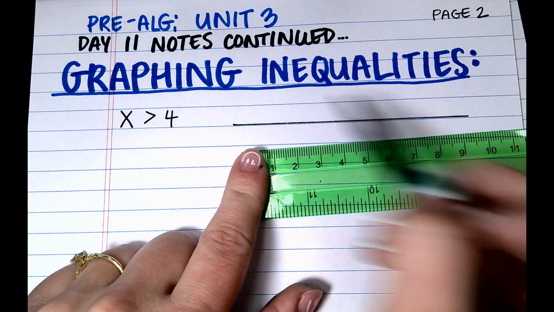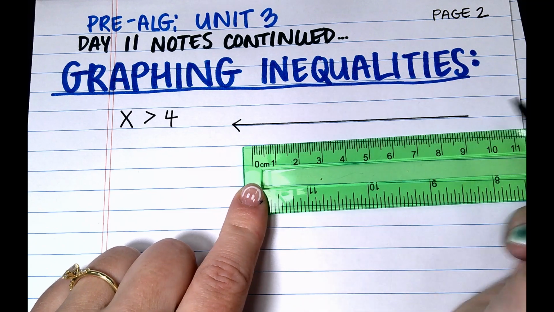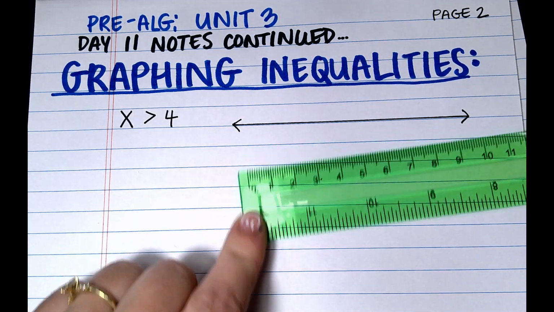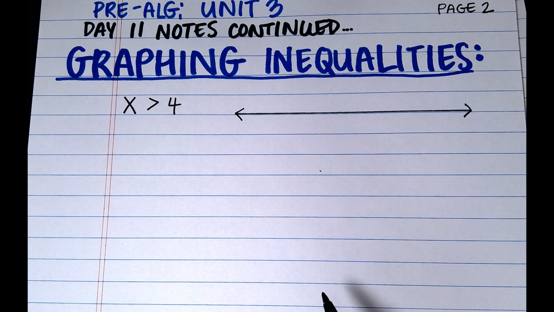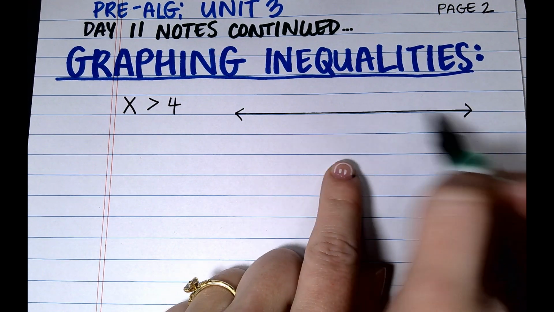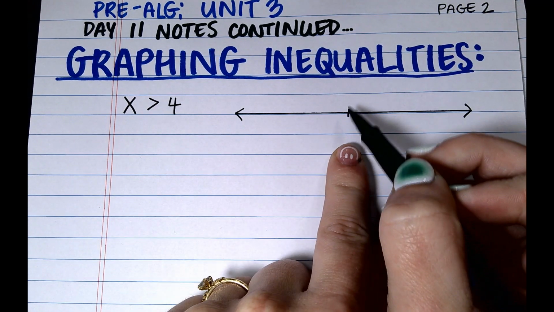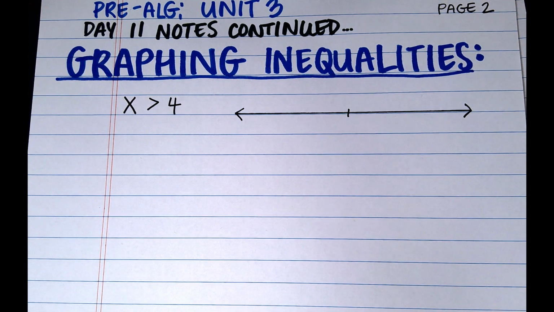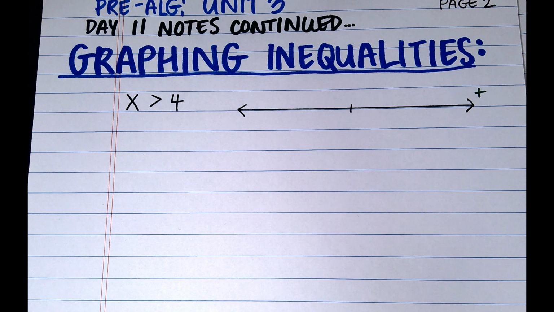On each end of our line, we're making basically a number line, so we want to put arrows. Somewhere in the middle we're going to put a little tick mark, just a little dash. Then I like to also put a plus on the right side and a minus on the left, just to help us remember.